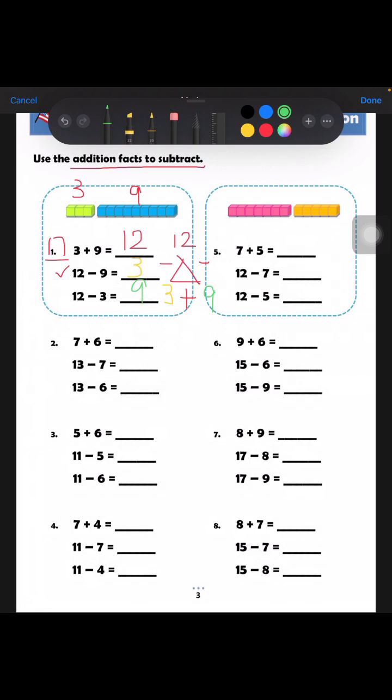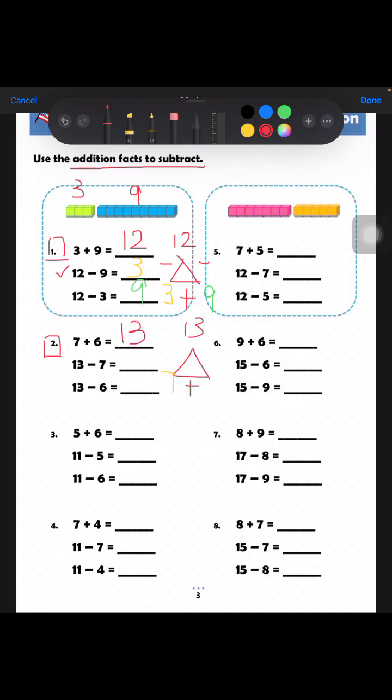Next, we take a look at question 2. So question 2, we need to calculate 7 plus 6. So 7 plus 6 equals to 13. And then let's draw the fact family. The whole is 13, the parts are 7 and 6.